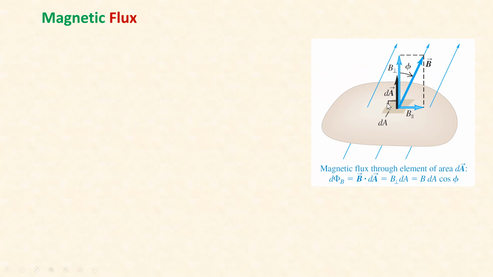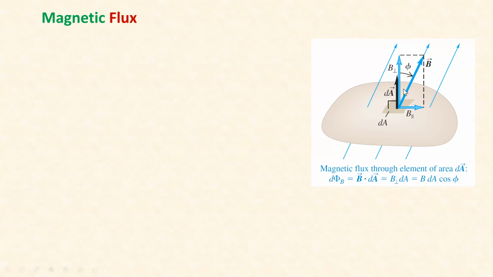We divide it into small areas, dA, and we define an area vector dA perpendicular to the surface at that point that has the same magnitude as dA. So this dA is the magnitude of this area vector dA.